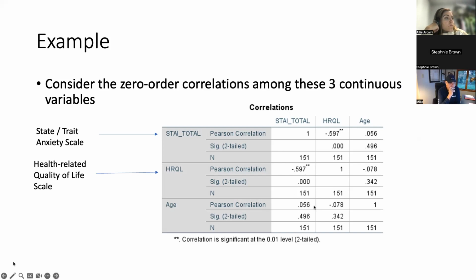Here's the correlation between age and anxiety. It's actually not too highly correlated, which means that when we're looking at the correlation between health-related quality of life and anxiety, we put age in the model maybe just as a background variable. With or without age in the model, we're going to see this negative relationship either way.